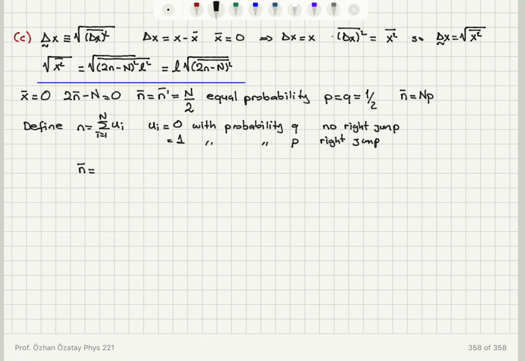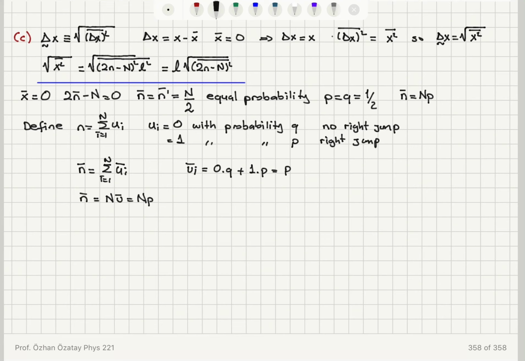So I have, for this one, sum over i equals 1 to N of Ui bar, where Ui bar is equal to 0 times Q plus 1 times P, so it is P. So adding over all possible values from 1 to N, I get N times U bar, which is N times P. So the mean value is capital N times P for the number of steps to the right.